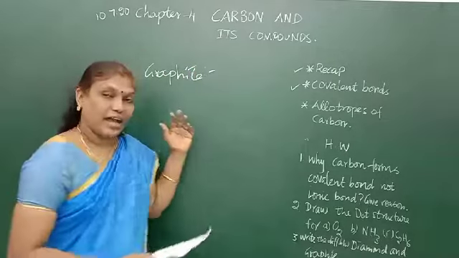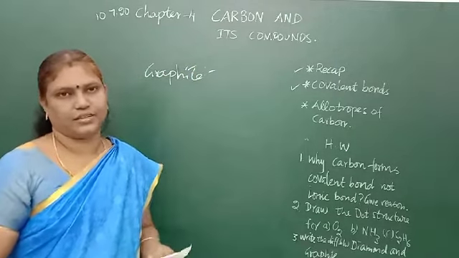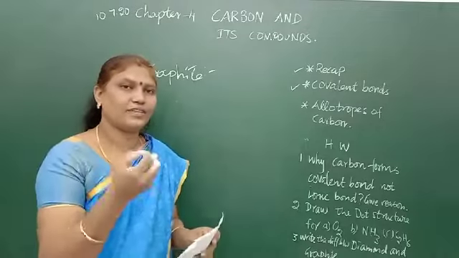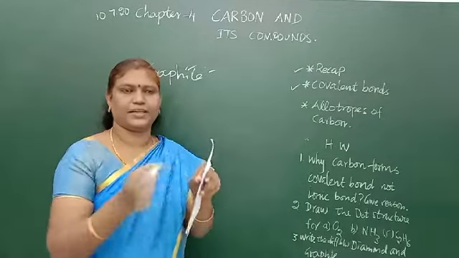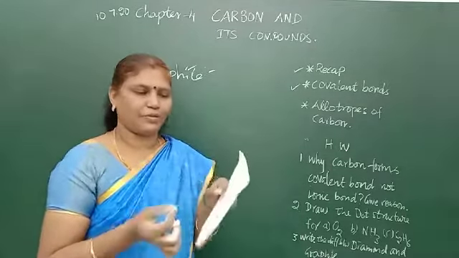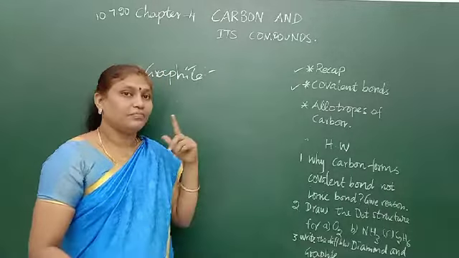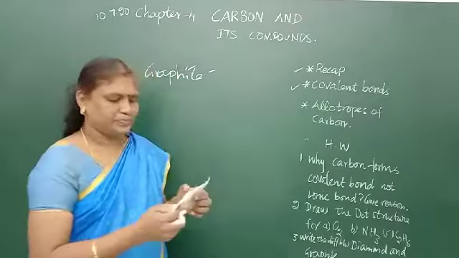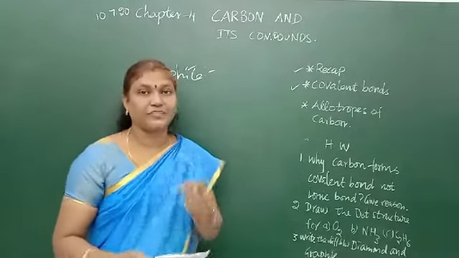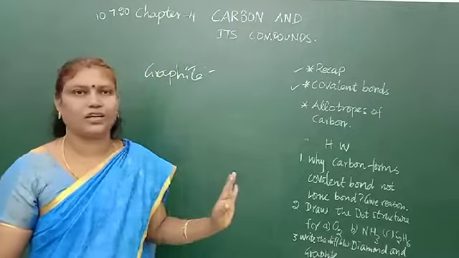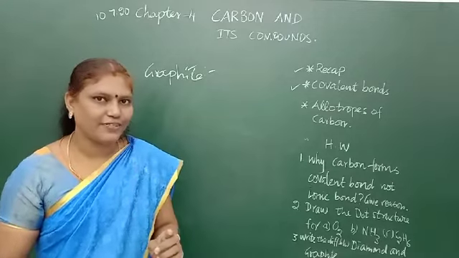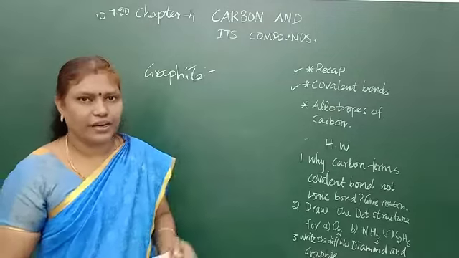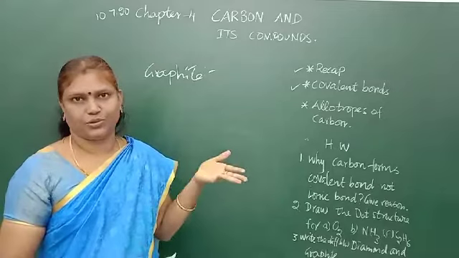Graphite also exists in free state. They are soft in nature. You know the pencil tip is made up of graphite. It can be broken. So graphite is soft, whereas diamond is hardest. Then they are good conductors of electricity. Non-metals do not conduct electricity, only graphite is a good conductor of electricity. It is used as electrodes.